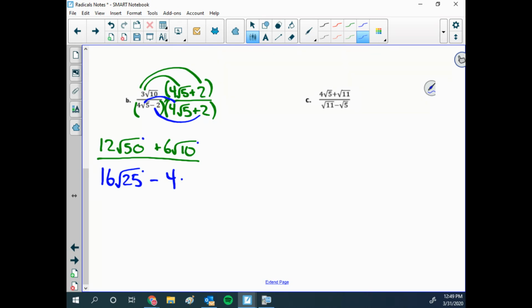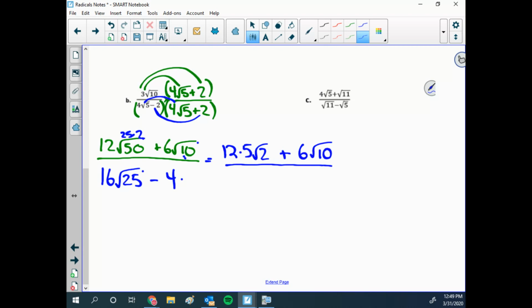So 12 times the square root of 50. Well, I know 50 can be broken into the perfect square 25 and 2. So that is 12 times 5 root 2, plus 6 root 10. Root 10 can't be broken into any perfect square, so I just leave that as 6 root 10.